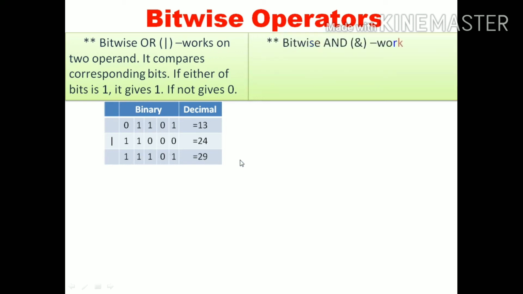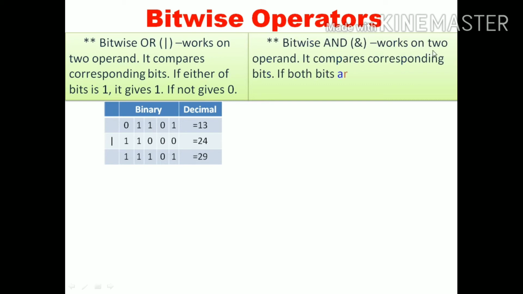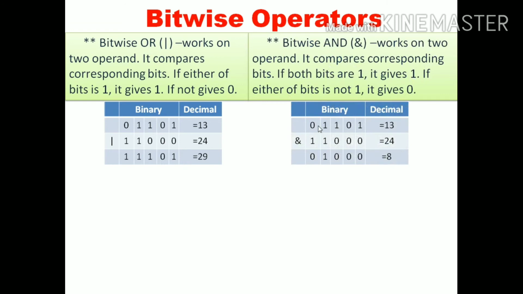Next one is bitwise AND. It works on two operands and compares corresponding bits. If both bits are 1, it gives 1. If either bit is not 1, it gives 0. Now see, 0 1 becomes 0, 1 1 becomes 1, 1 0 becomes 0, 0 0 becomes 0. Just to be very clear, when you use bitwise OR, it is just plus, but 1 plus 1 becomes 2, and we don't use more than 1.